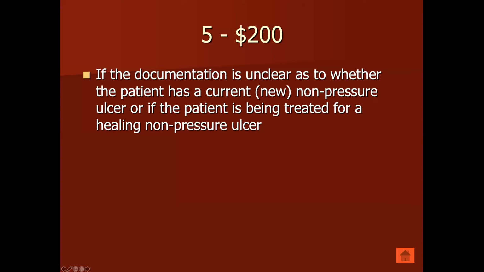If the documentation is unclear as to whether the patient has a current non-pressure ulcer or if the patient is being treated for a non-pressure ulcer, what should you do? What is query the provider?